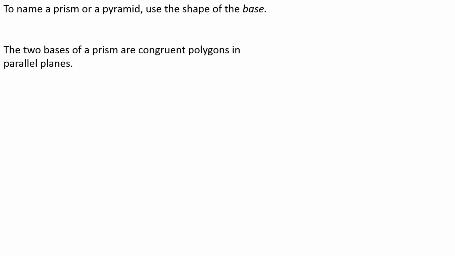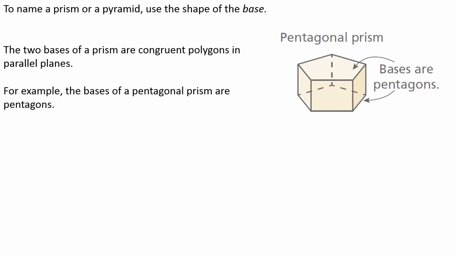So to qualify as a prism, notice the bases have to be parallel. And so in this example, we call this a pentagonal prism because the bases are pentagons and they are parallel to each other.